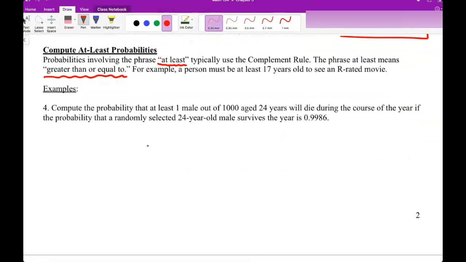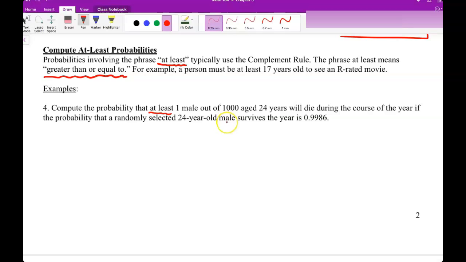Now, for example, compute the probability that at least one male out of 1,000 aged 24 years will die during the course of the year, if the probability that a randomly selected 24-year-old male survives the year is 0.9986.